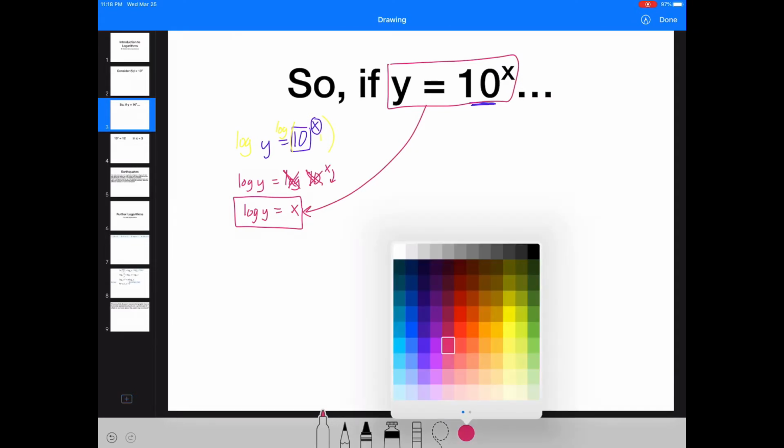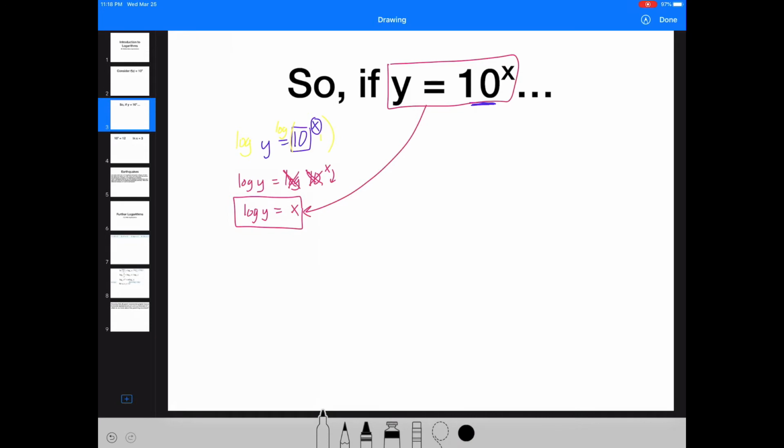All right? So another example would be something like if I had y equals e to the x. And like I said earlier, for SLs, this is the only other base you need to worry about, e to the x power. Okay? How do I get rid of that?